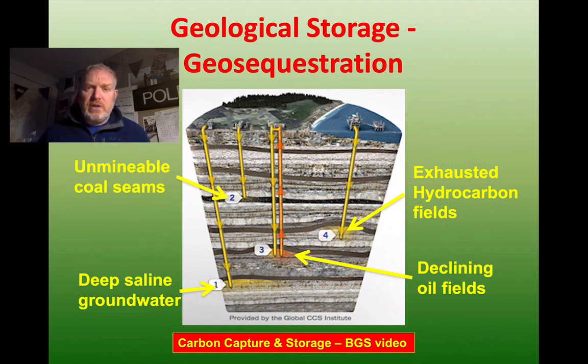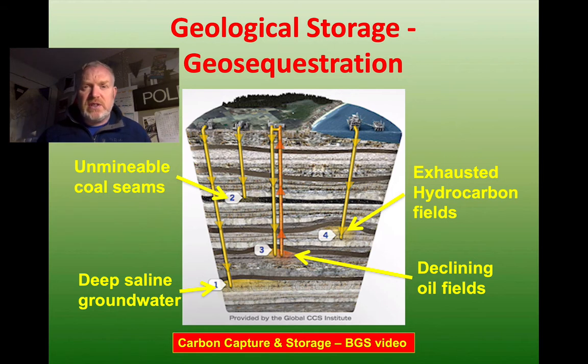The last place we can store these carbon gases is in deep, salty groundwater. If you've got groundwater that's more than maybe, say, 800 meters deep, that water will have been in the rock a very long time. It'll have dissolved minerals within it.